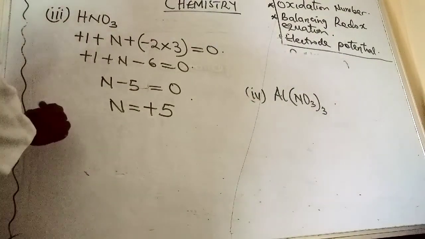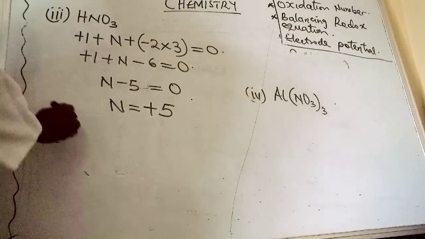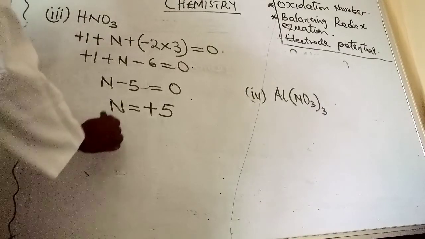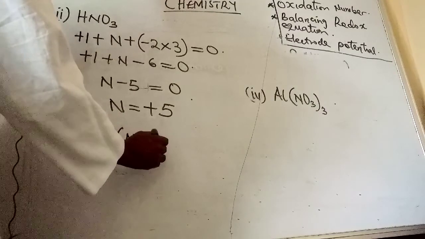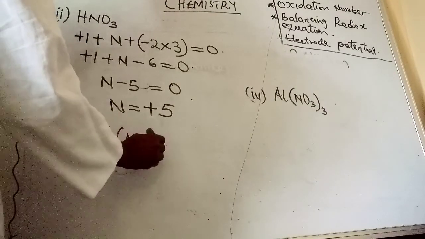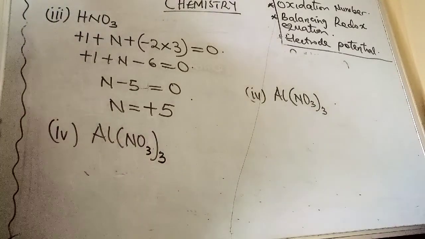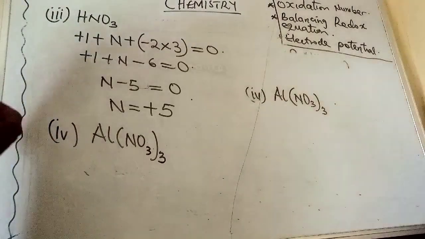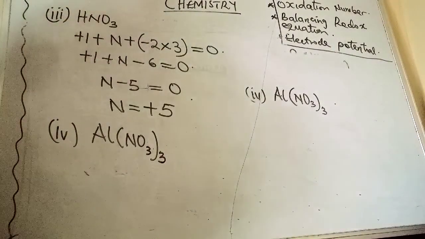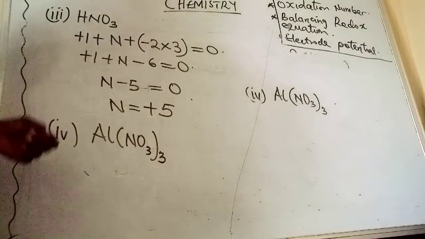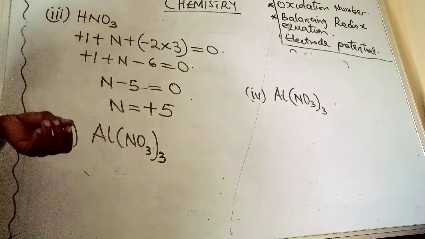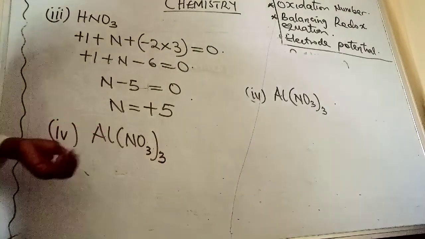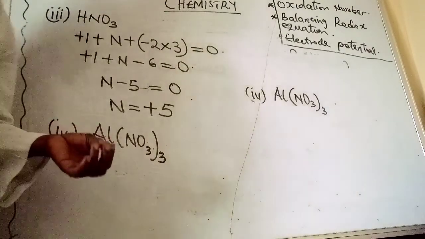So the last one, Roman figure 4, Al(NO3)3. So this is aluminium nitrate. The IUPAC name is aluminium trioxonitrate 5.